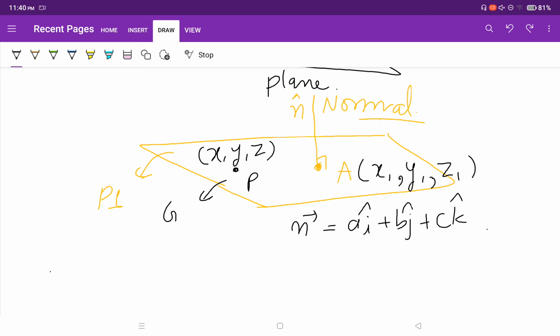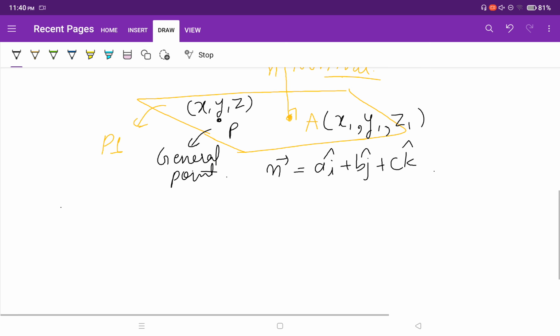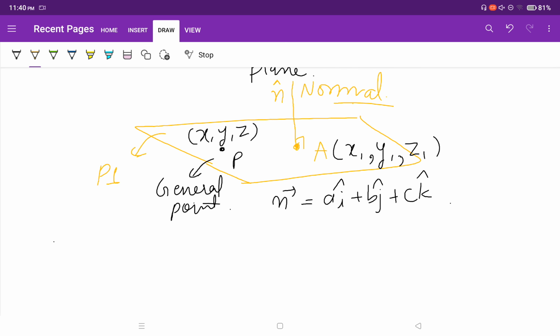That is a general point on the plane. Now P can lie anywhere on the plane. Now you see, we have a vector here, PA vector or AP vector. It doesn't matter. You can have PA vector, you can have AP vector.